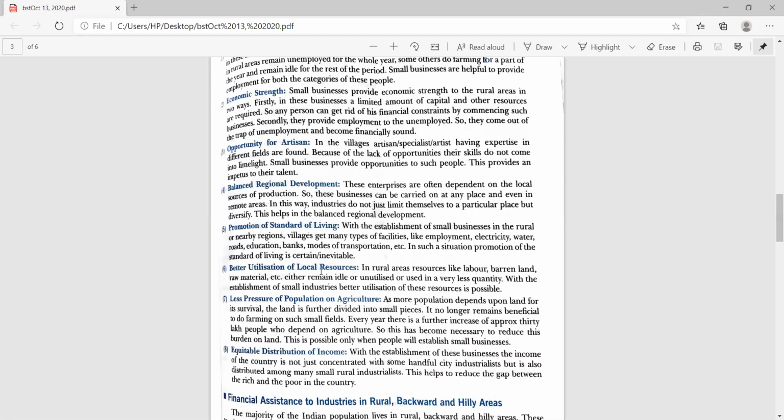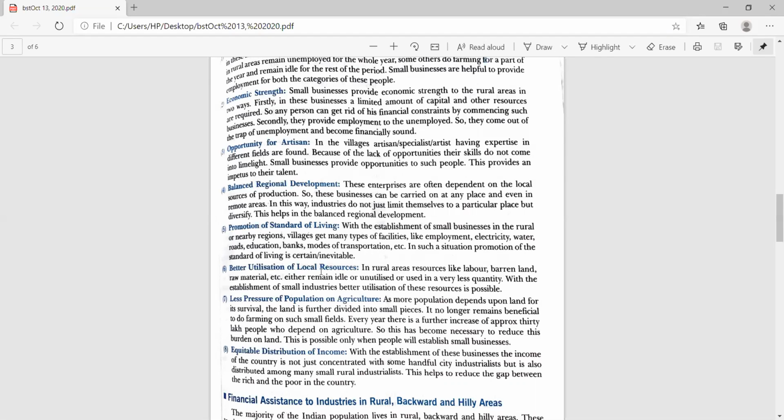You have seen so many examples like Noida, Gurgaon, NCR, Delhi, some areas of Delhi where the industrial sector came, developed, and flourished.